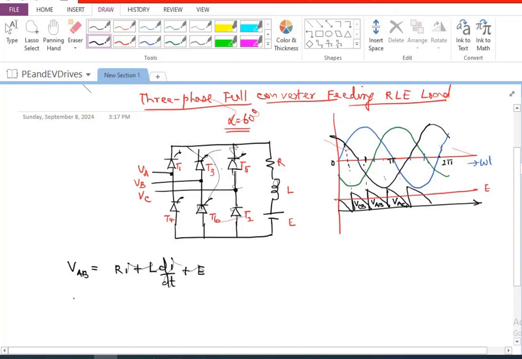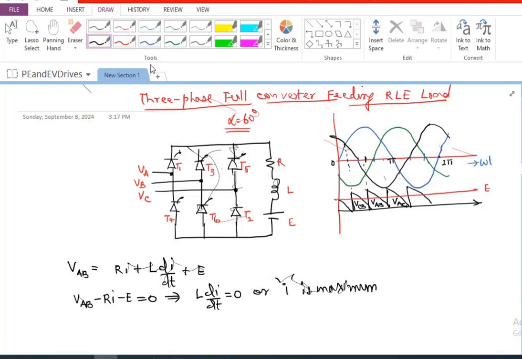So I should say VAB minus Ri minus E when it is 0, that is when L di by dt equals 0, I is going to be maximum. So we are going to have actually the current somewhat like this.